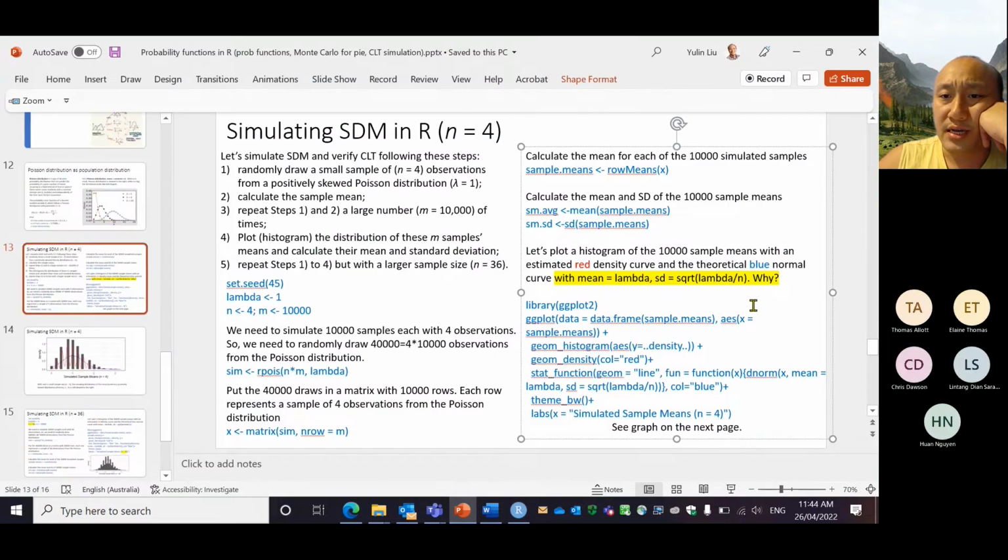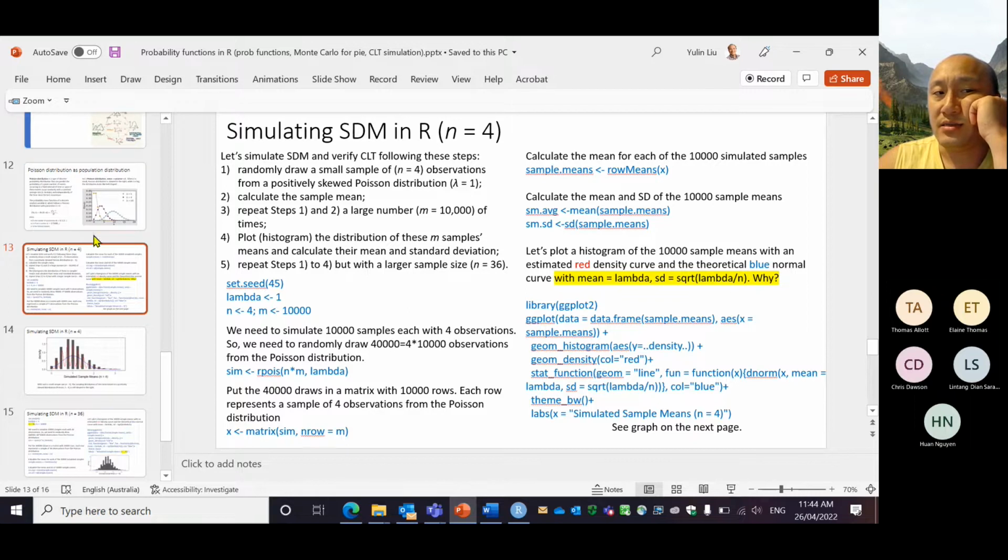And then let's plot the histogram of the 10,000 sample means with a red density curve of the means, and then a blue theoretical normal curve of a normal distribution with a mean equal to lambda and a standard deviation equal to the square root of lambda divided by the sample size. Why is it this?